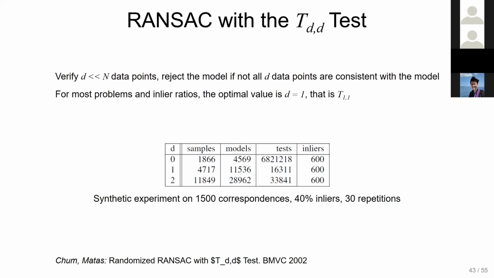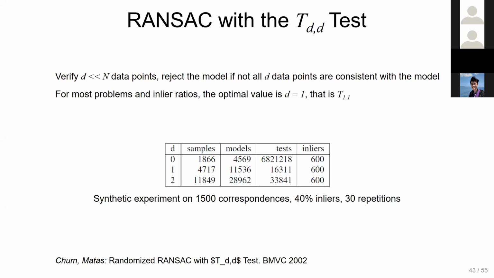So here is a synthetic experiment on epipolar geometry estimation, 1500 correspondences, 40% of inliers, and results averaged over 30 repetitions. For standard RANSAC, which is the first line, you have the smallest number of samples, but with each sample, you verify all the correspondences.